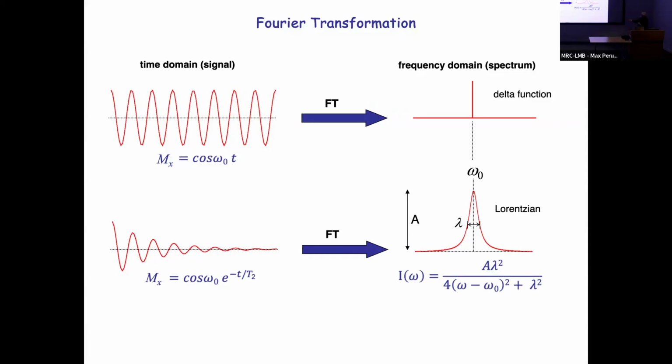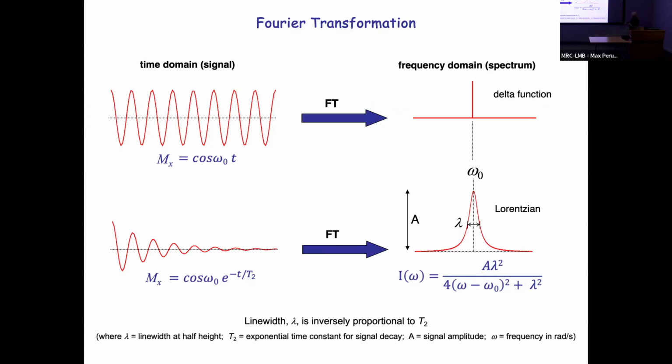The uncertainty, if you like, of the frequency of that, which is a function of the exponential time constant. So this value T2 in here is referred to as the exponential time constant for the damping of that sine wave. And the width of the line is inversely related to T2. In other words, in simpler terms, as this signal decays faster and faster, the line width will get broader and broader.